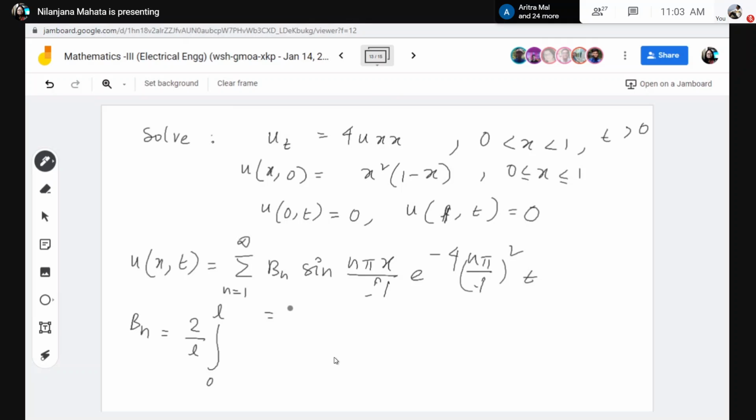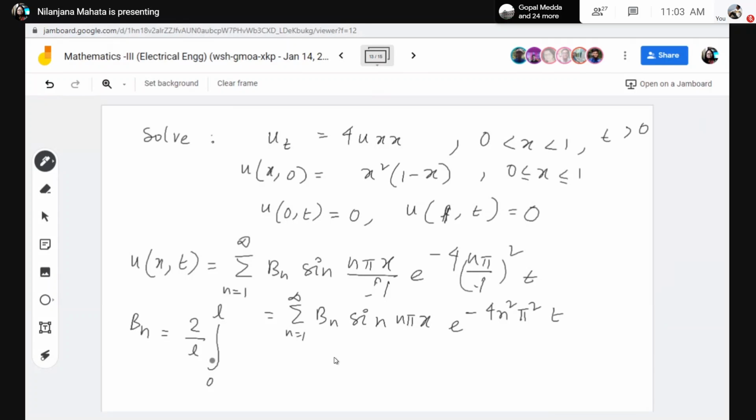That means this is nothing but the sum from n equal to 1 to infinity of Bn sine n pi x e to the power minus 4 n square pi square t.